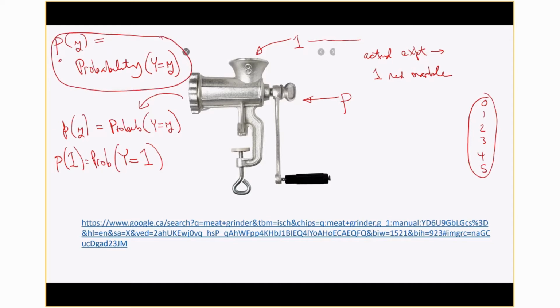For each possible outcome of y, 1 red marble, 3 red marbles, 4 red marbles, we're going to calculate the probability that the random variable actually takes on that value of 1, 2, 3, 4, etc. when the experiment is done.